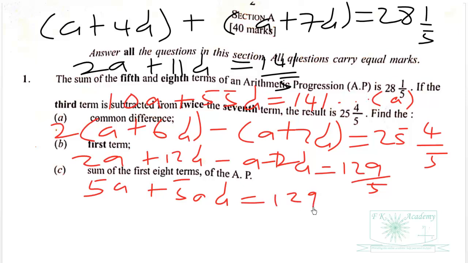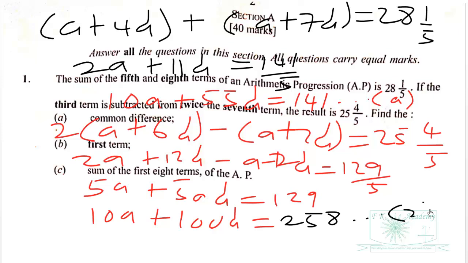When we multiply through by 2, we will get 10a plus 100d is equal to 258. So we have another equation here.